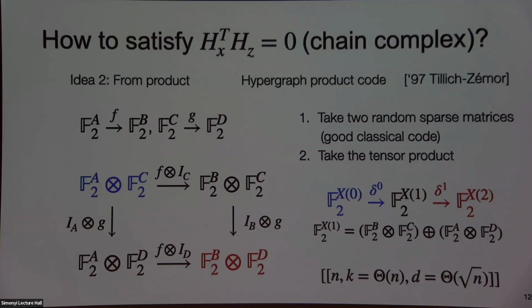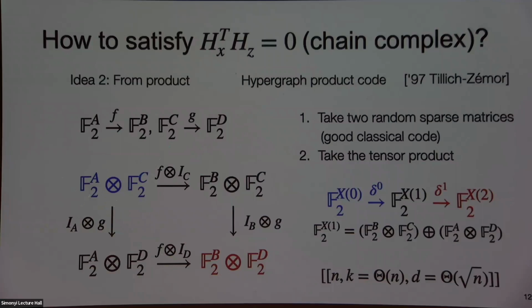So the linear map F between A and B, you can think of it as a graph between vertices in A and vertices in B. And you can do the same thing between C and D. So really, the final thing, this tensor product, using this graphical language, you can think of as taking two graphs and then doing a Cartesian product.